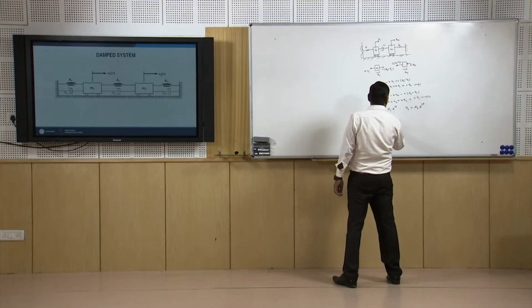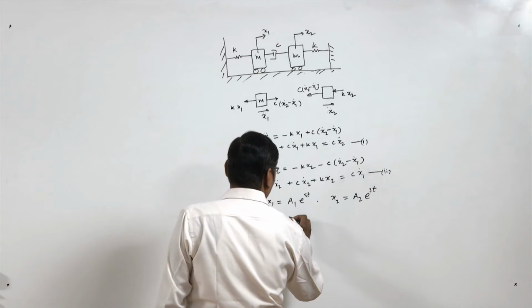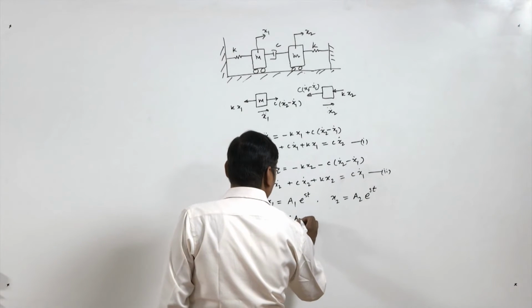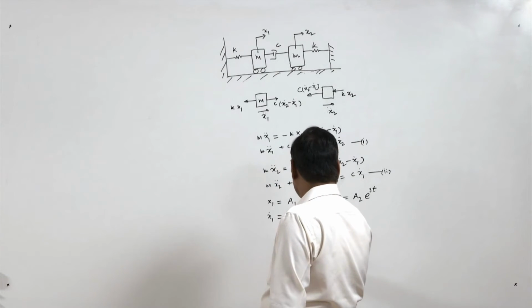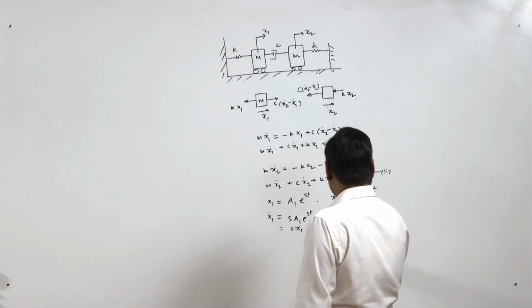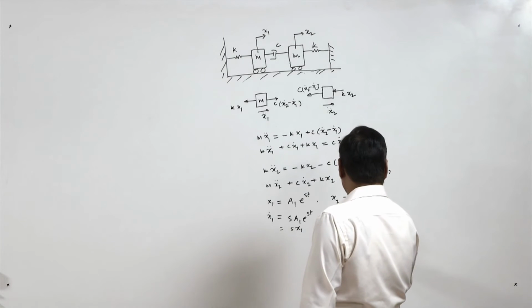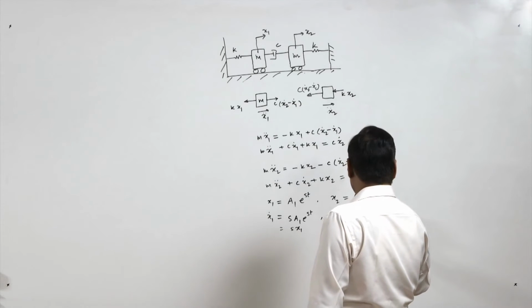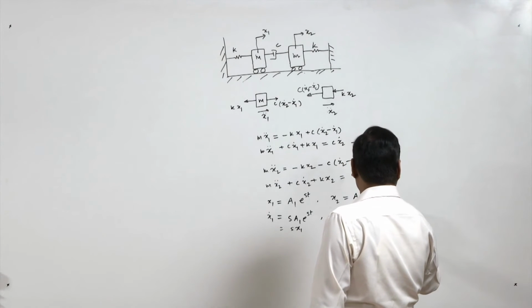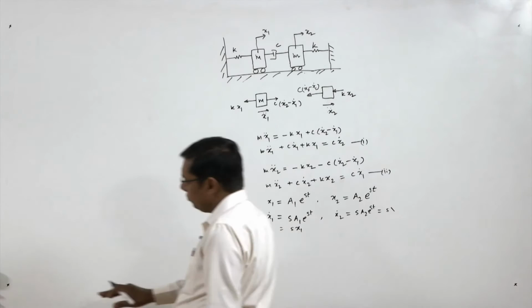So, x1 dot is s into a1 e power st, and that is equal to s x1, and here x2 dot equals s a2 e power st. So, that is equal to s x2.